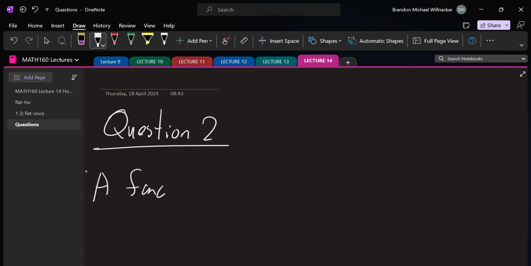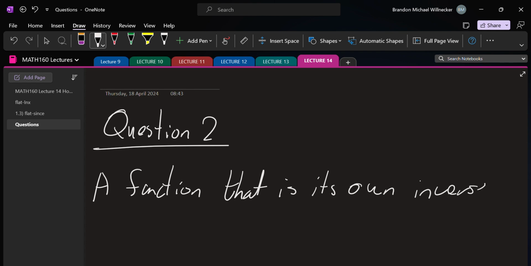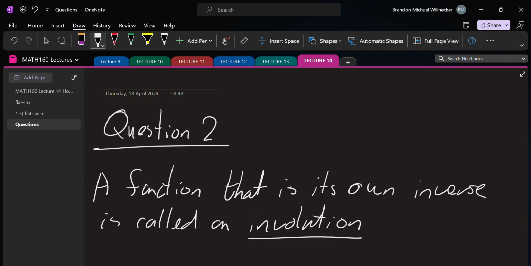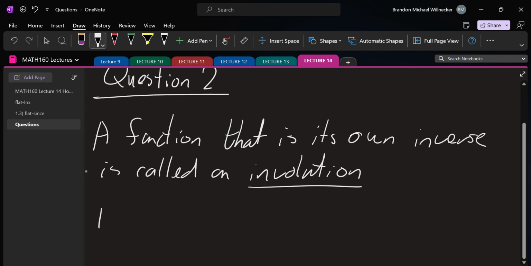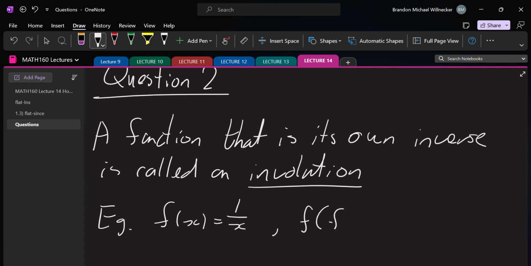Again, just a little bit of terminology. A function that is its own inverse is called an involution. By this we mean, for example, f of x equals 1 over x.